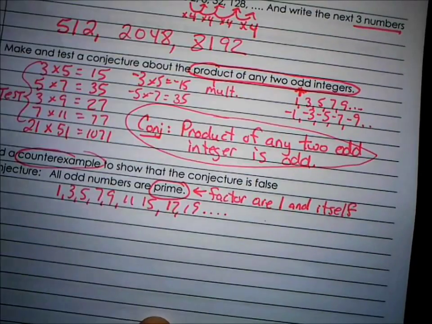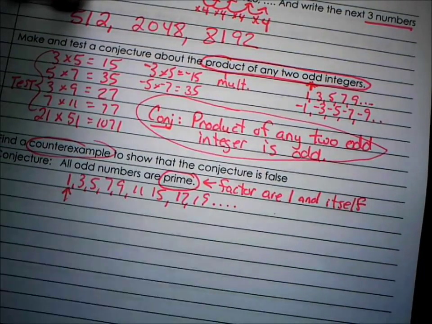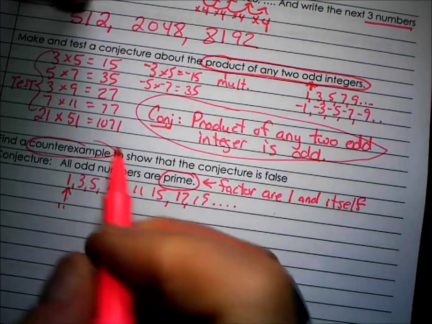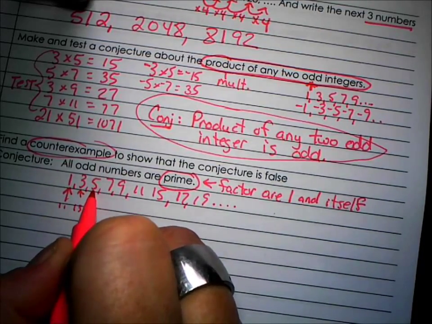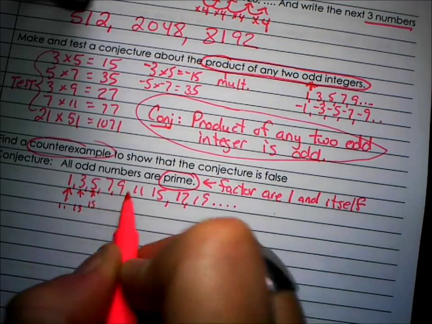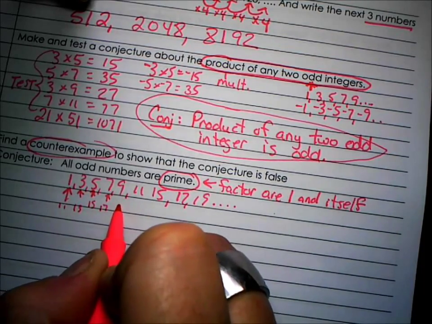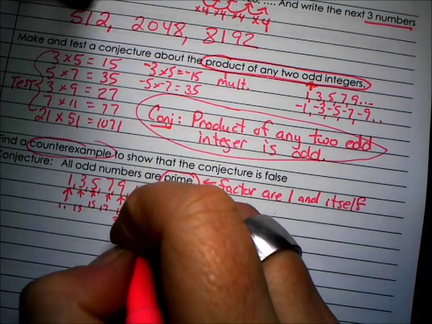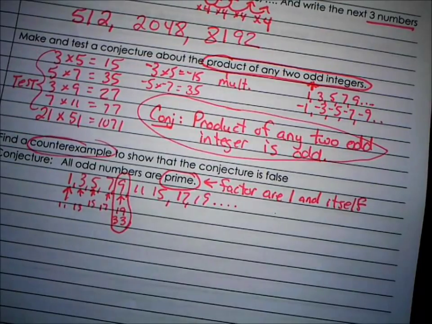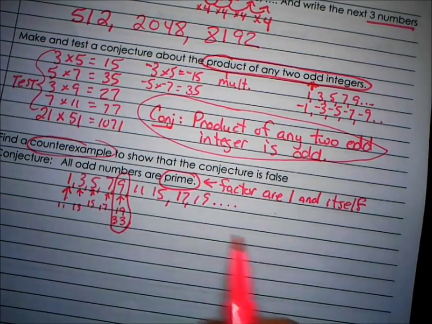If I look at the number 1, the only factors of 1 are 1 and 1. Of 3, they're 1 and 3. Of 5, it's 1 and 5. 7, likewise, 1 and 7. 9 is 1 and 9, and also 3 and 3. Right there is an odd number that is not prime.